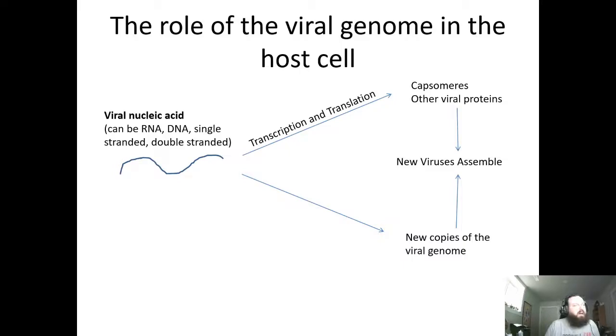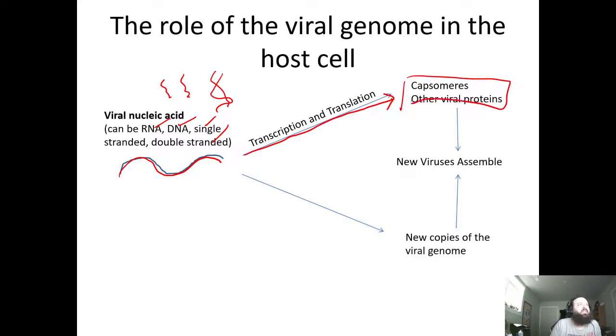So just to remind you again, once we enter into the cell, our viral nucleic acid, which can be RNA or DNA, is just going to be a little strand of nucleic acid. They could be single-stranded like I've drawn there, but they could be double-stranded as well. So whatever the case, once you get your viral nucleic acid into the cytoplasm of the target cell, you can then transcribe and translate it into all the different virus proteins.